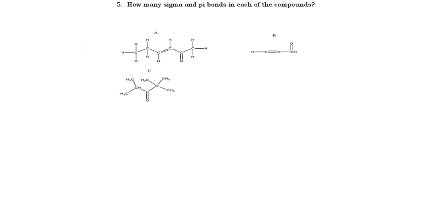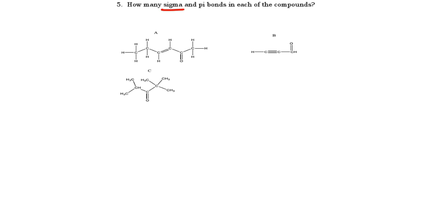Simple and straightforward. Now 5 is dealing with identifying sigma and pi bonds in each of the compounds. Now I already did explain that in every single bond, there's a sigma bond. In a double bond, there's one sigma. So in every type of bond, the first one is a sigma bond, the rest are pi bonds.